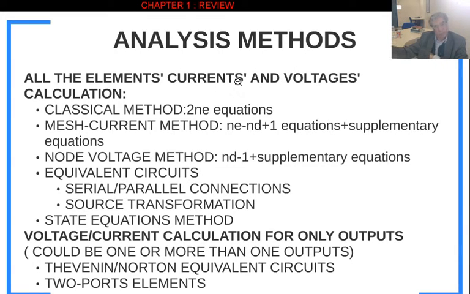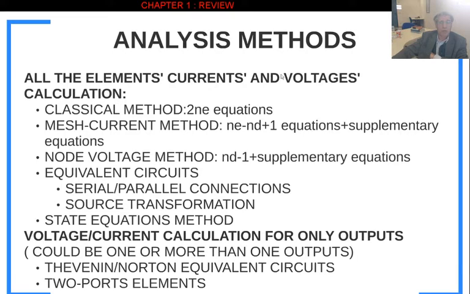The other one is voltage and current calculation for only outputs: not all the elements' currents and voltages, but just one or two elements. These two types of analysis we have already seen, so I'm just repeating what we have done.